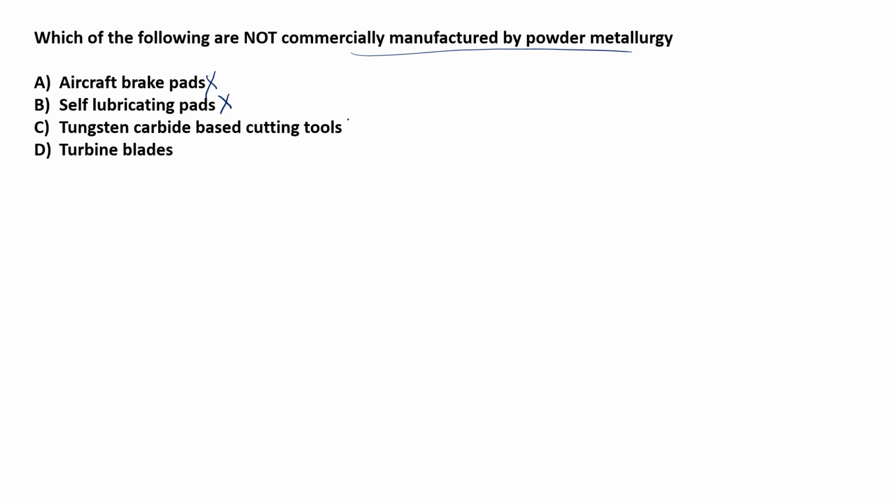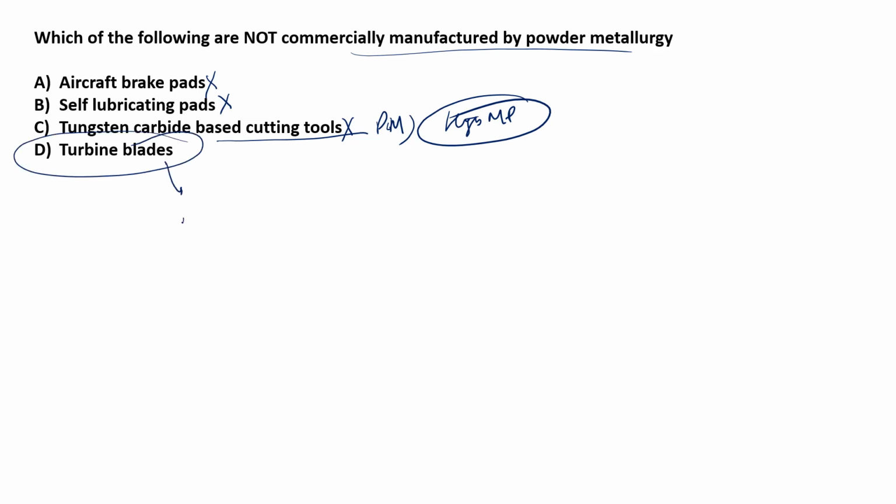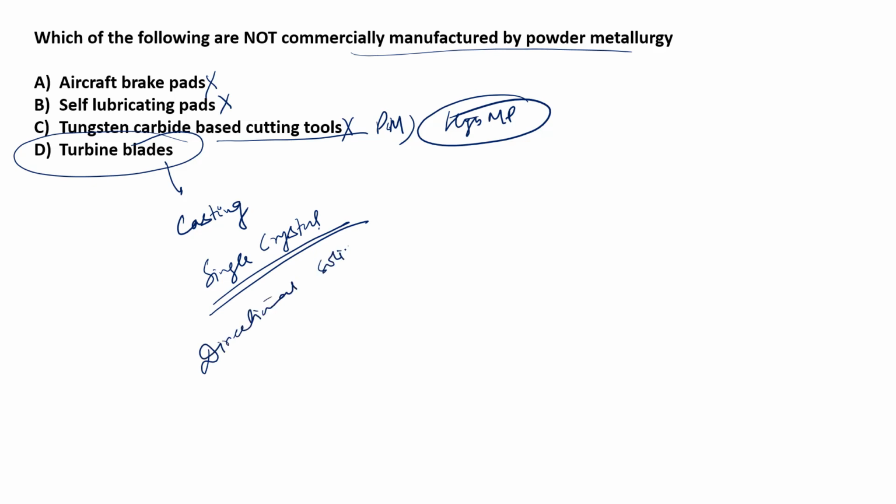Tungsten carbide tools are also very much made by powder metallurgy because of the high melting point. Now the next thing is turbine blades. Turbine blades are made basically by casting, where we want to produce a single crystal using another method, that is directional solidification.